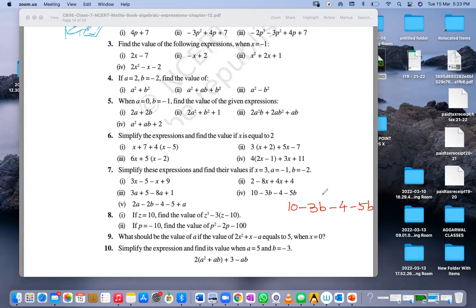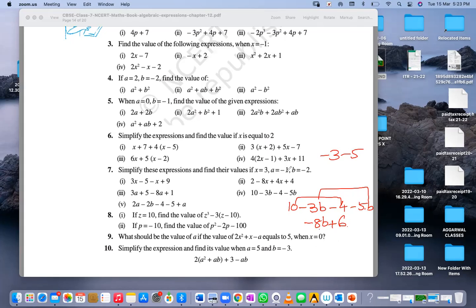So 3b and 5b. What is the final answer? Negative 3b, negative 5b. So in integer you write -8 and put b here. Don't forget to put b. You do by integer only, but put b here. And 10 minus 4 is plus 6. So the answer is with you.